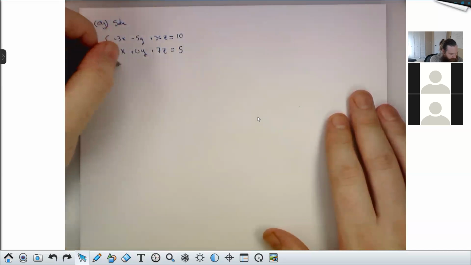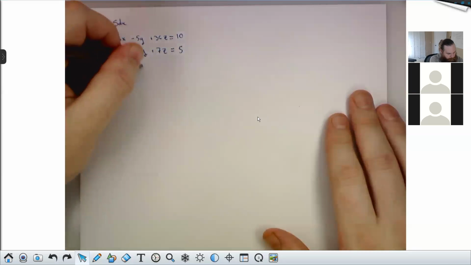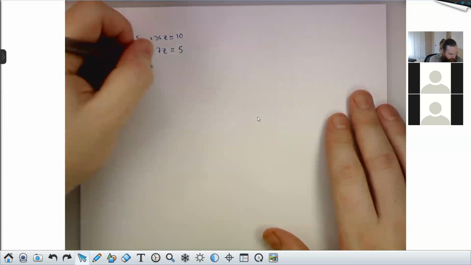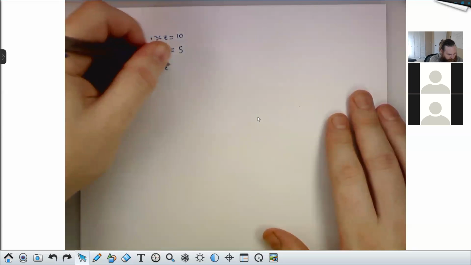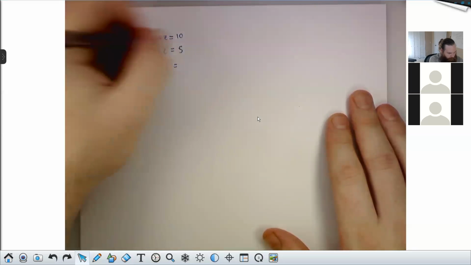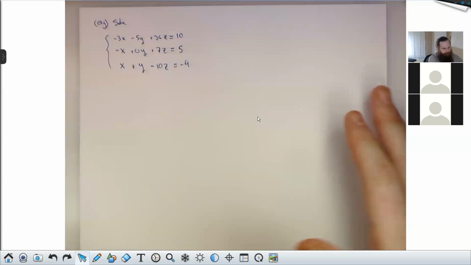And x plus y minus 10z equals negative 4.